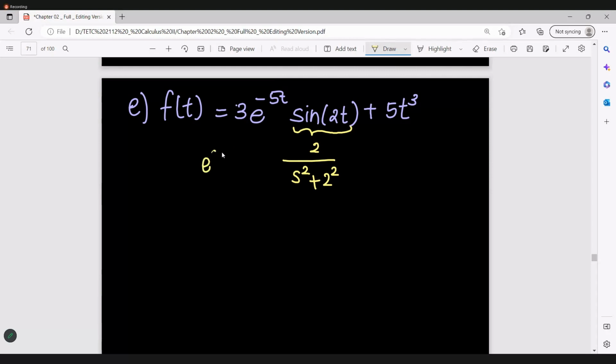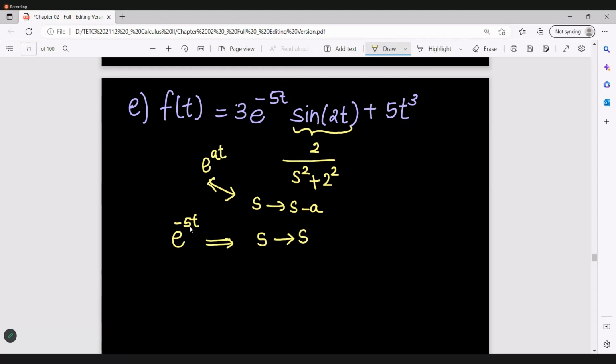If sin 2t, or whatever the function is, is multiplied by e to the power at, we are going to replace s by s minus a. In this example, the function was multiplied by e to the power minus 5t. So what do we need to do? We need to substitute s by s minus a.